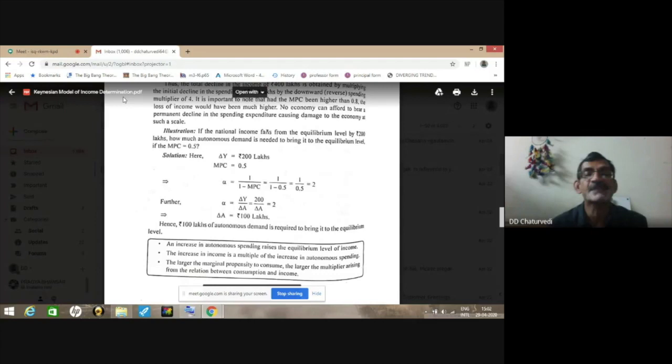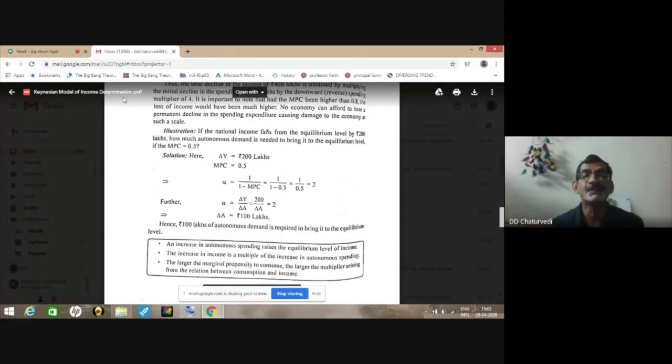Increase in autonomous spending increases the equilibrium level of income. So that means whenever autonomous spending, that is delta A, rises, the equilibrium level of income also rises. And this increase in income is a multiple of the increase in autonomous spending. This is given by the multiplier formula. And finally, the larger the value of MPC, the larger is going to be the value of the multiplier.